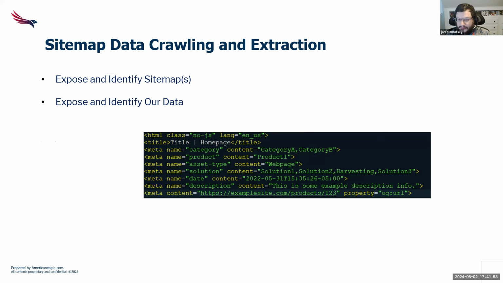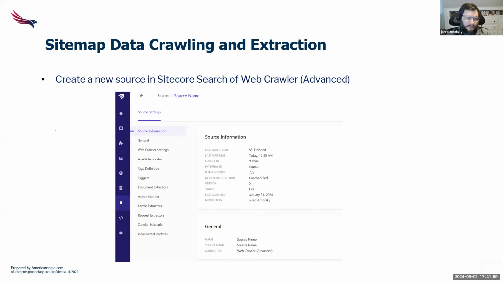Let's see what else. Once we've had the data identified and we want to make a source, I picked Web Crawler Advanced. You could use Web Crawler, or you could use Web Crawler Advanced in this scenario. The advanced one gives you a couple more options.